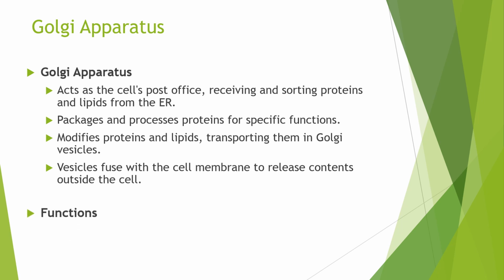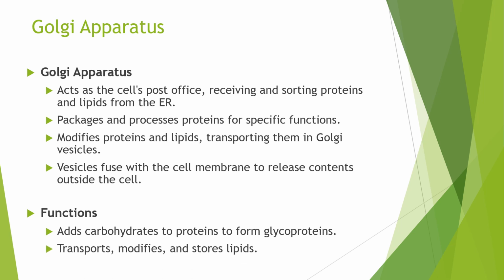These vesicles then move to their destination, which could be within the cell or the cell membrane. If they're meant to leave the cell, the vesicles fuse with the membrane and release their contents outside, a process called exocytosis. Beyond packaging and transport, the Golgi apparatus is also crucial for creating lysosomes, which are involved in breaking down waste and recycling cellular material.